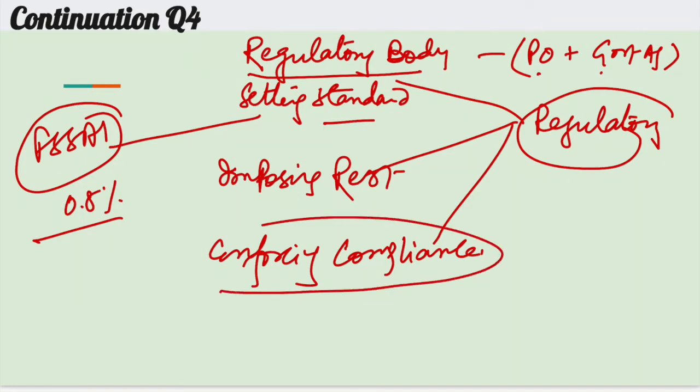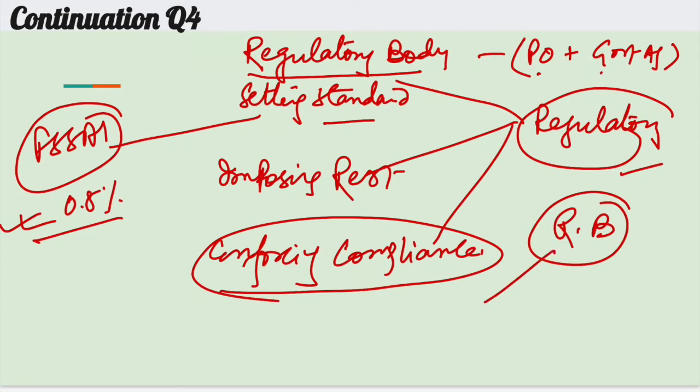If Lay's chips is not obeying it, then enforcing the compliance of this is also the job of the regulatory body. Now I hope that you have understood the meaning of regulatory body. But I think that this part is of 3 to 4 marks. So you can also talk about how regulatory bodies are of two types.